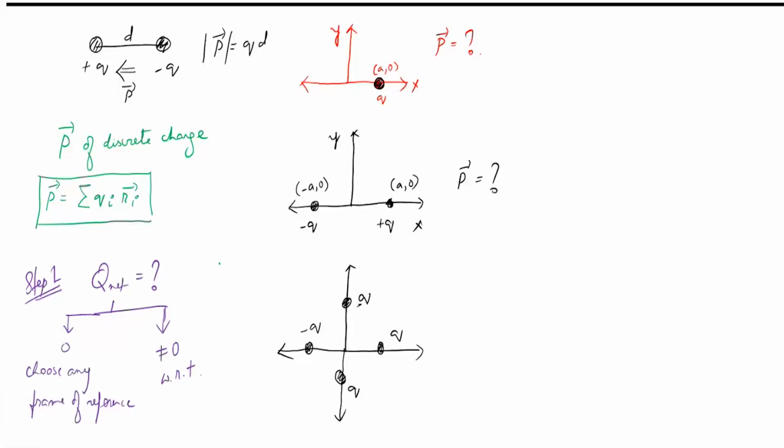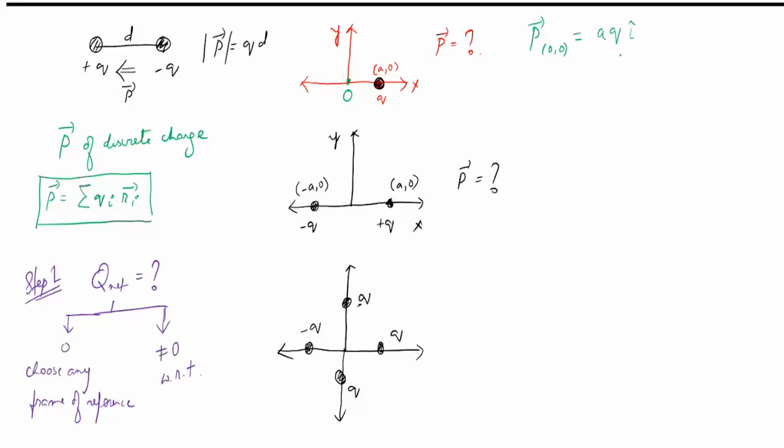Yes, sir. So in the first example, the question will specify with respect to what, because the net charge here is not 0. So I'll say dipole moment with respect to the origin. Can you tell me what is the dipole moment? QA. What about the direction?